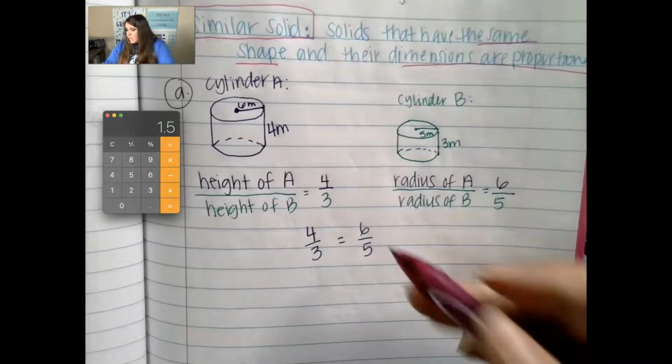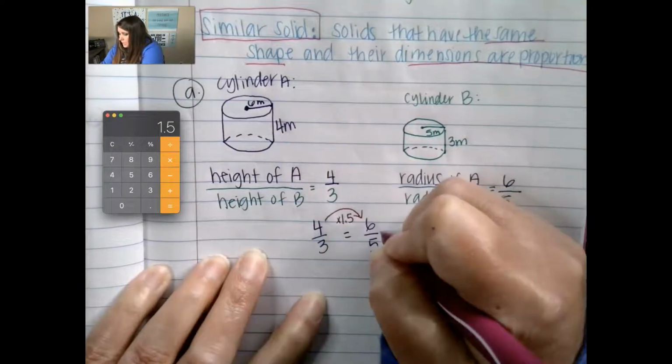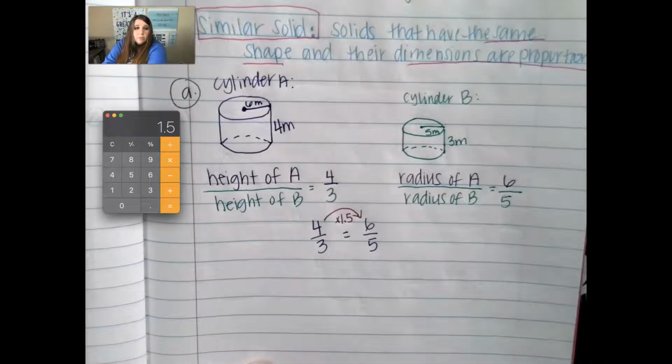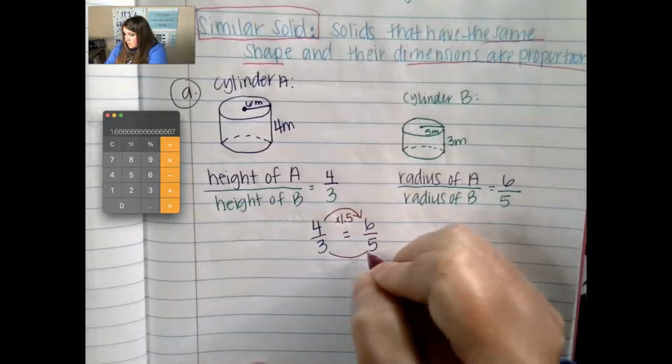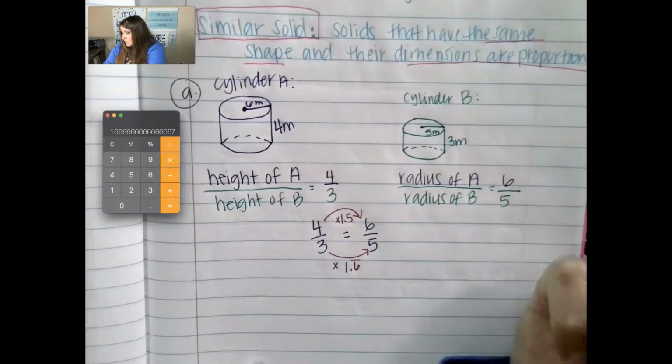So 4 times 1.5 gives me 6. Let's check the one on the bottom now. So 5 divided by 3 gives me a multiplier of 1.6 repeating.